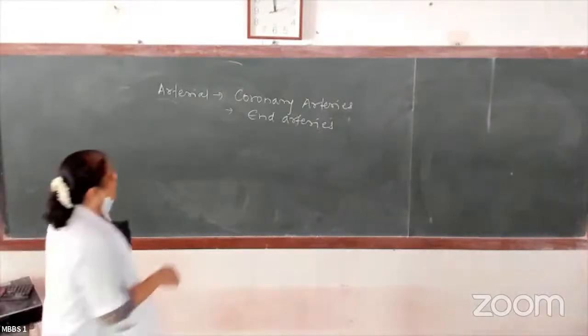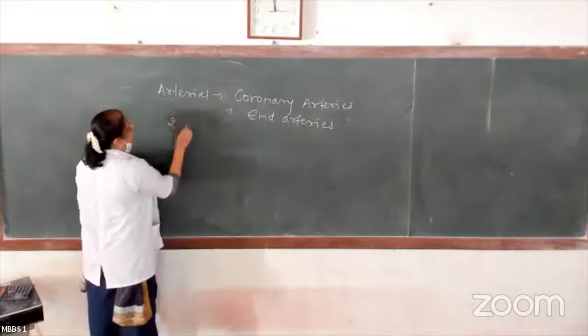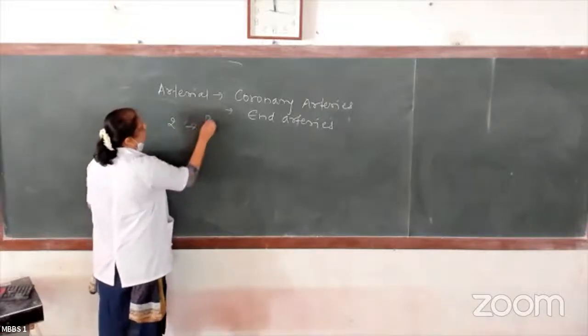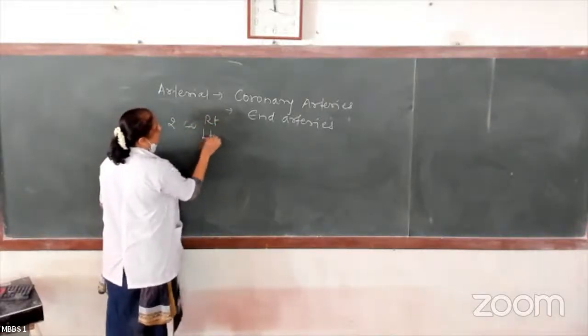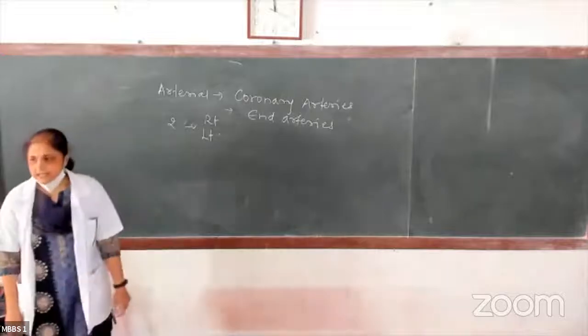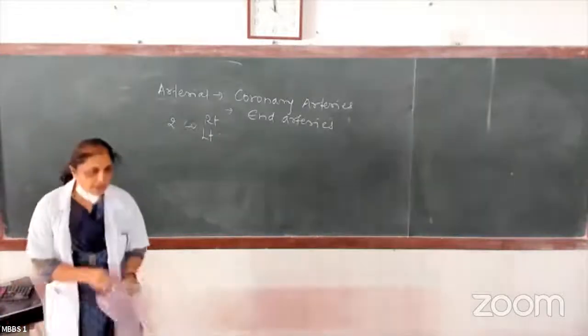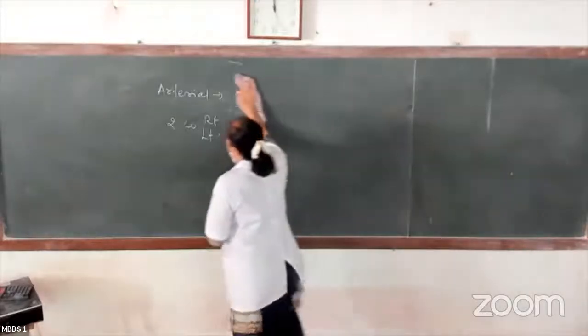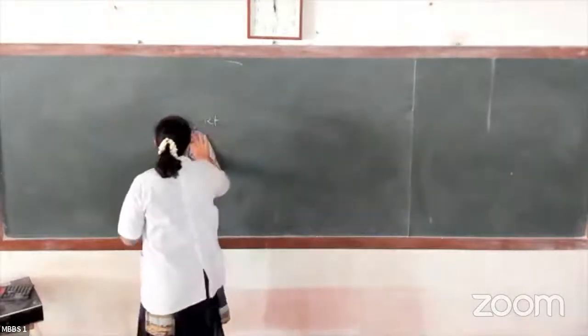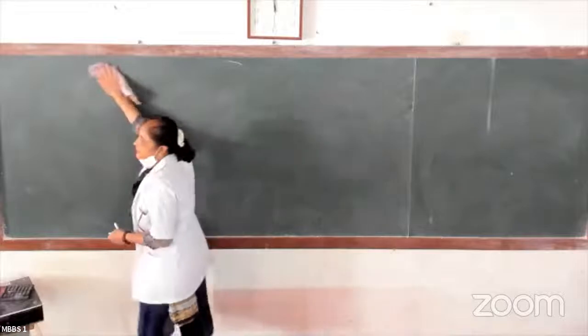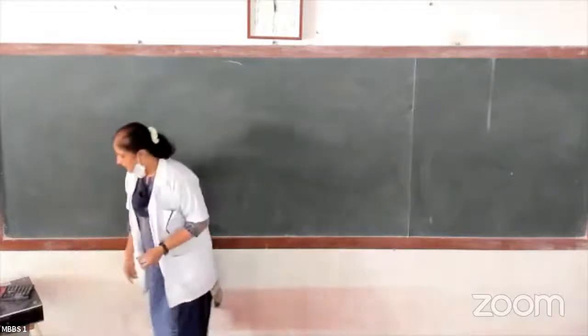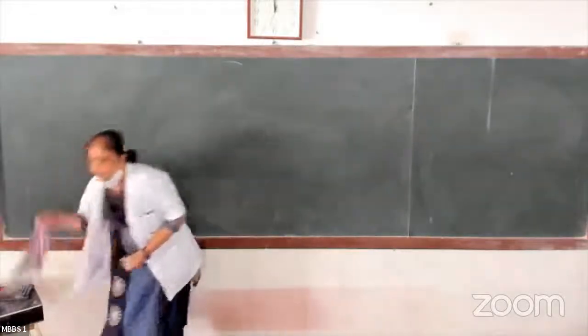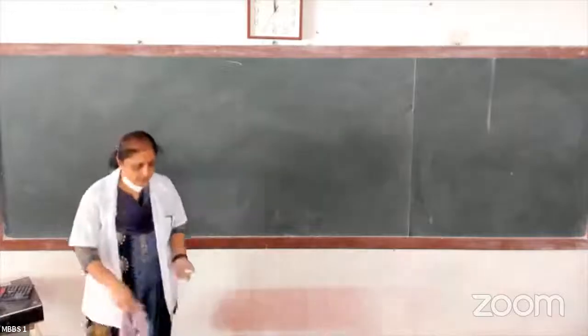There are two coronary arteries, one is the right coronary artery and one is the left coronary artery. They take origin from the aortic sinuses of the ascending aorta.